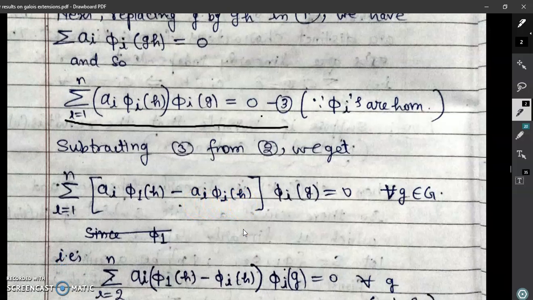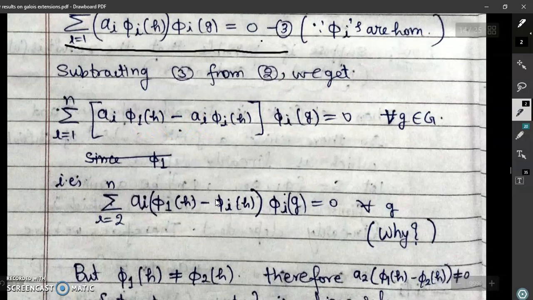But note that for i is equal to 1, this will be a1 phi 1 h and this will also be a1 phi 1 h. It means the first term will be cancelled out. So in this summation convention, we have a i into (phi 1 h minus phi i h) into phi i g is equal to 0, where the summation runs from 2 to n.